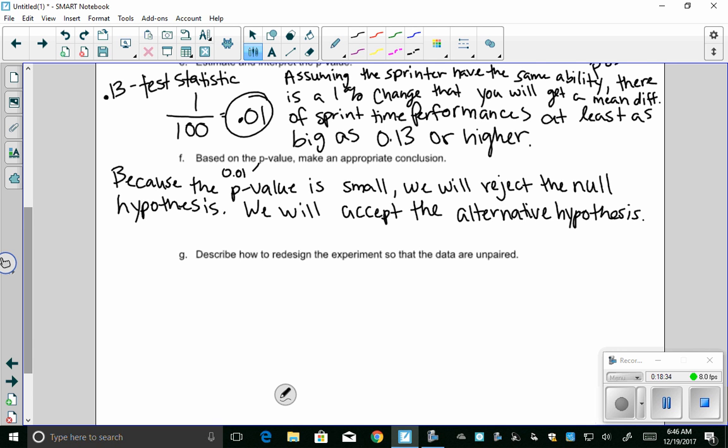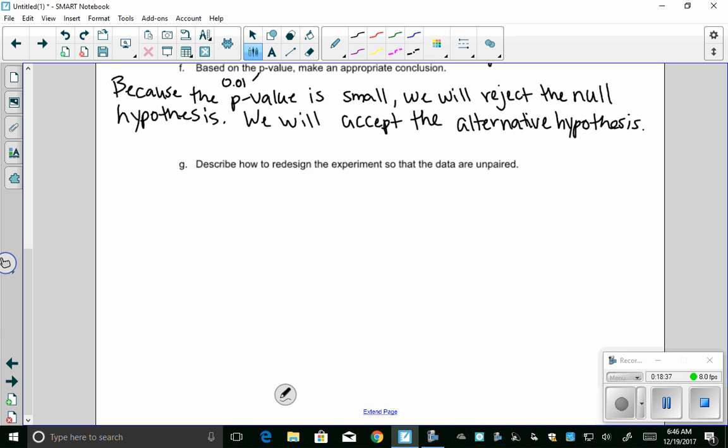So part D says to describe how to redesign this experiment so that the data is unpaired.